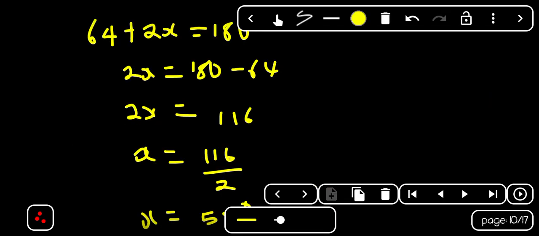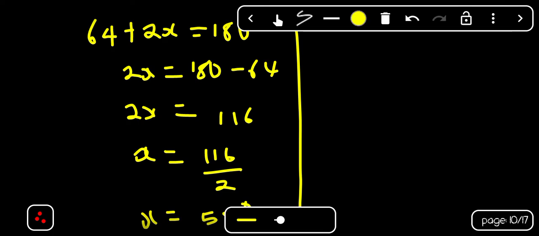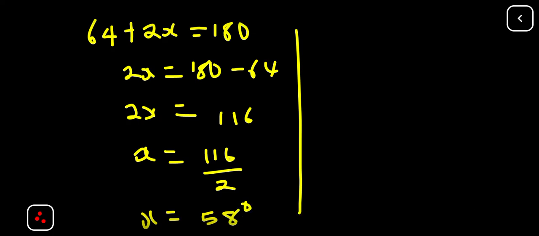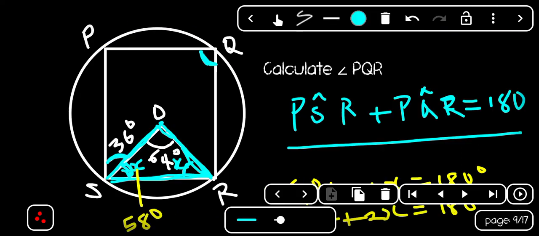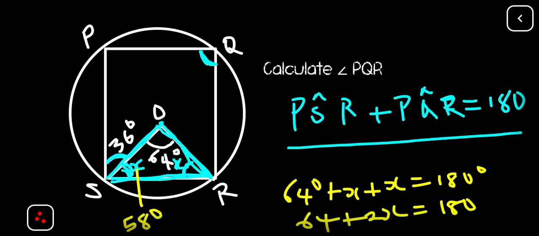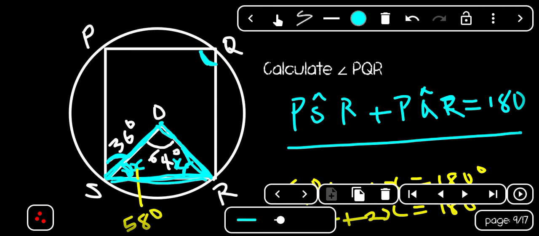So remember we said this. Angle PSR plus angle PQR is equal to 180, since opposite angles in a cyclic quadrilateral are supplementary. So PSR here is PSO plus this other angle here. If you notice this other angle here, OSR, that is x.